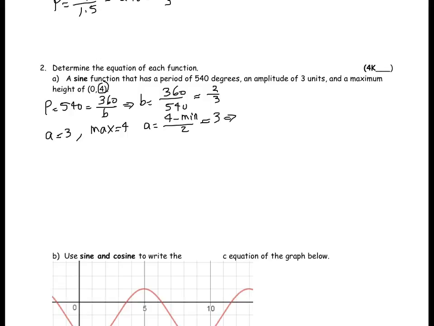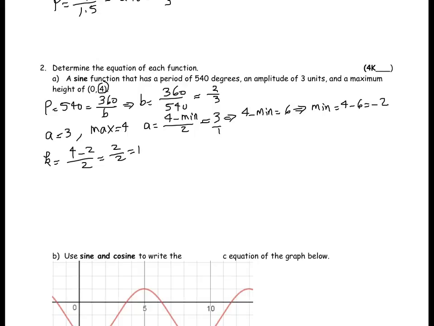From here I get that 4 minus mean, if I cross multiply, is equal to 6, or mean is equal to 4 minus 6, which is minus 2. So our k value is max, which is 4, plus mean, which is negative 2, divided by 2, is 2 divided by 2, which is 1.